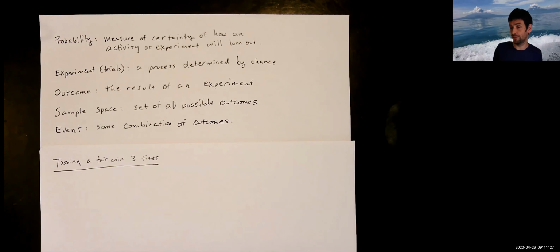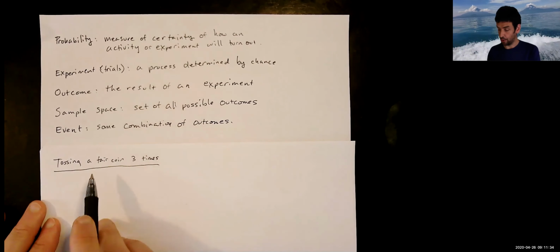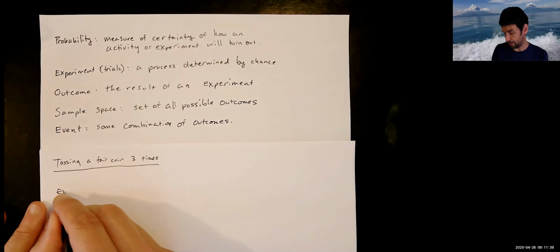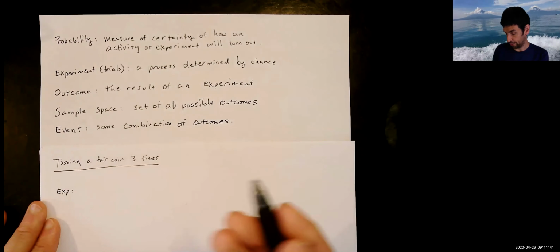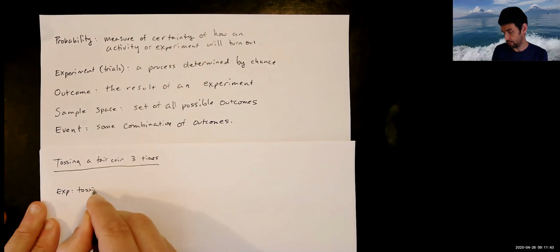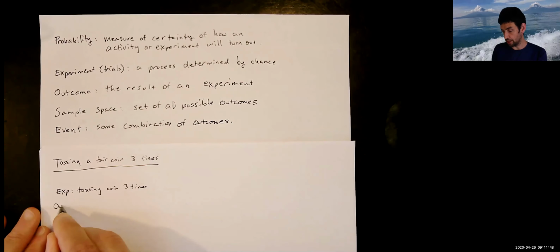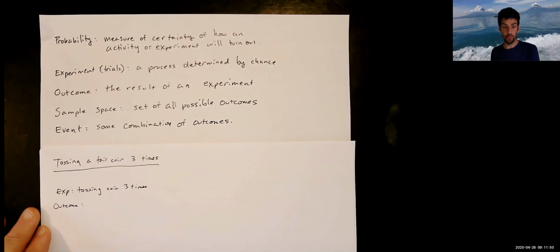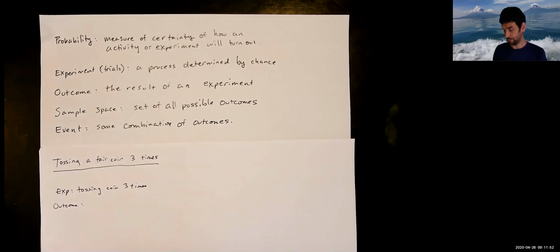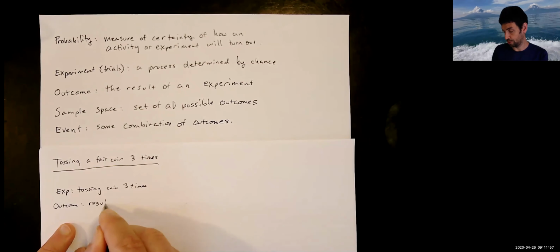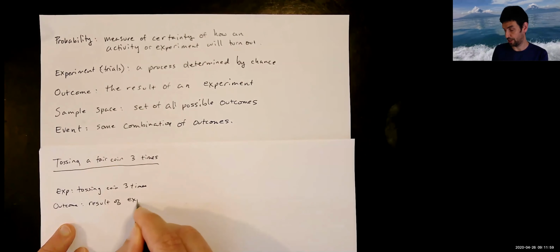We don't know whether it's going to be heads or tails when we toss the coin, right? It's determined by chance. So in this case, our experiment is just what I've said, tossing the coin 3 times. The outcome, we won't know until it happens. Okay, this is just going to be the result of the experiment.